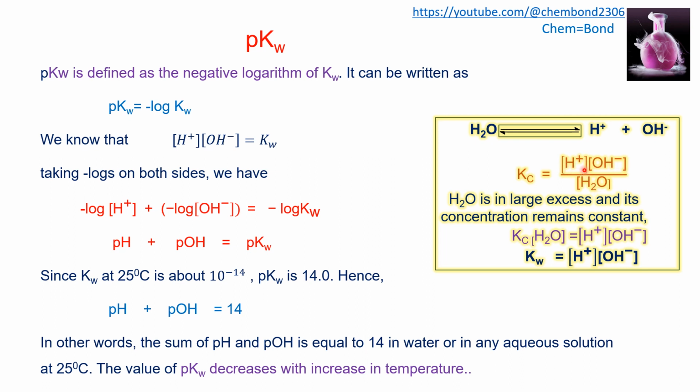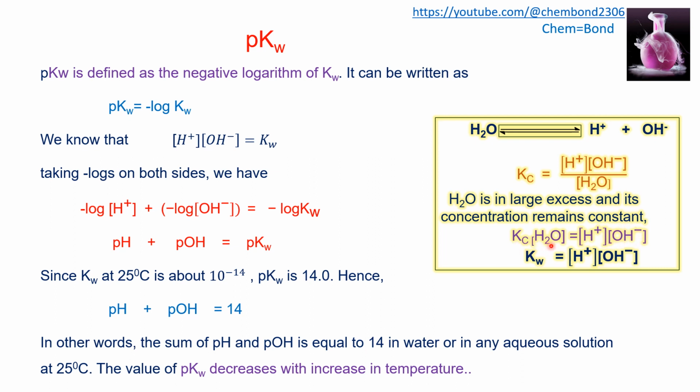So the hydrogen ion and the hydroxide ion are the ionized water molecule divided by the unionized water molecule. We know that the unionized water is in large excess and its concentration remains constant. So putting this constant term on the other side of the equation with the equilibrium constant, Kc multiplied by the concentration of water is equal to the hydrogen ion concentration times hydroxide ion concentration.